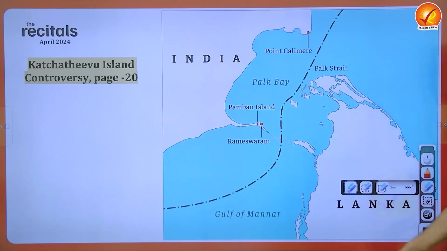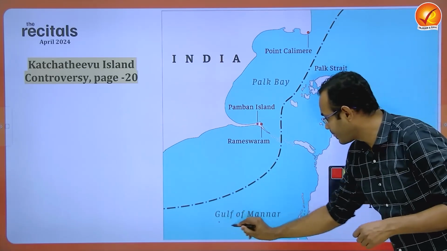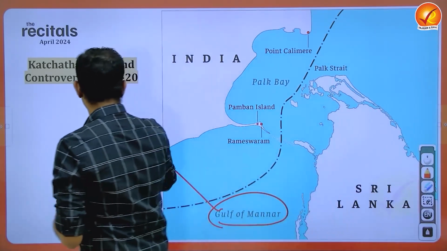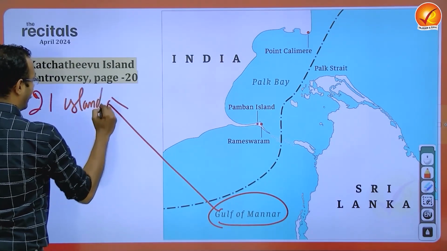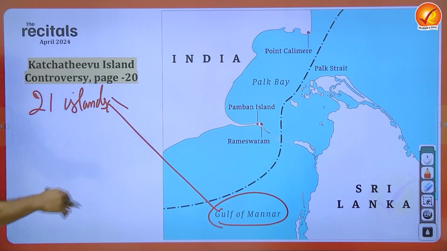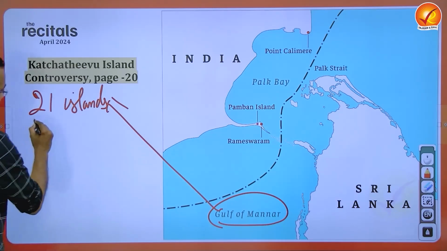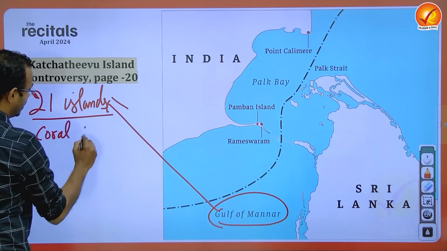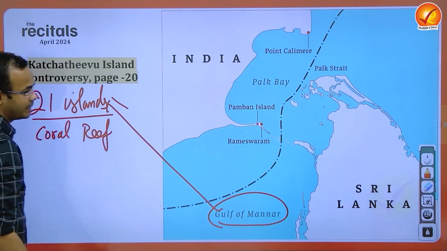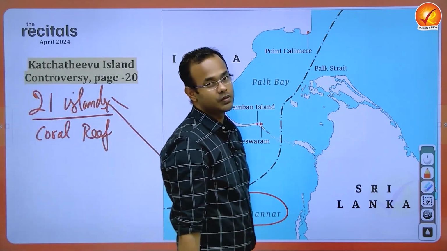Moving to the next one, Gulf of Mannar. The Gulf of Mannar region has 21 islands, and the entire region is also filled with a good amount of coral reef ecosystems.